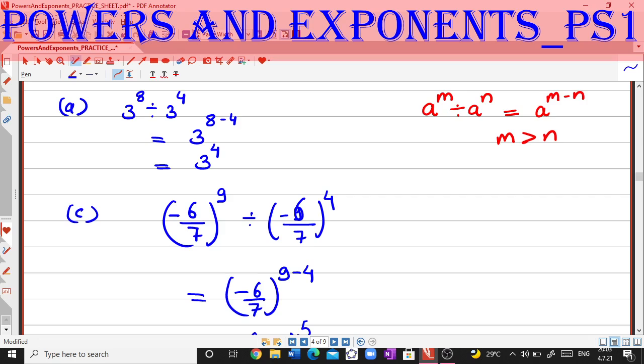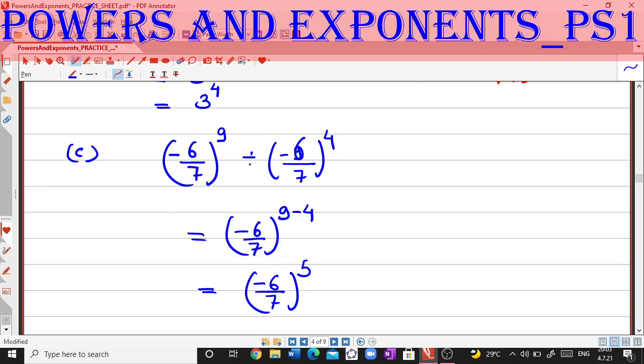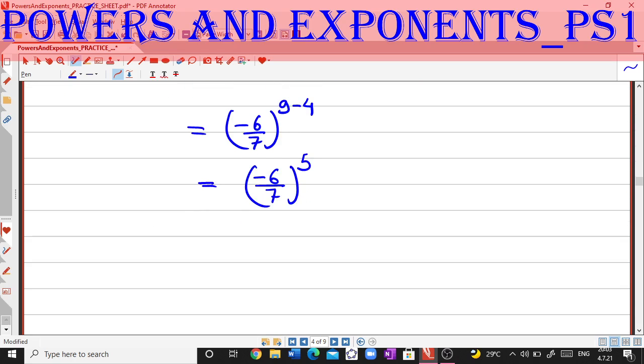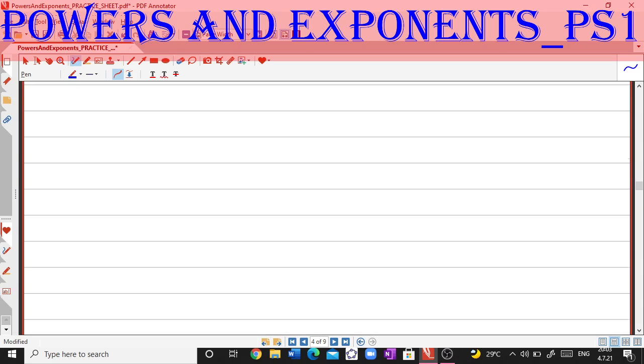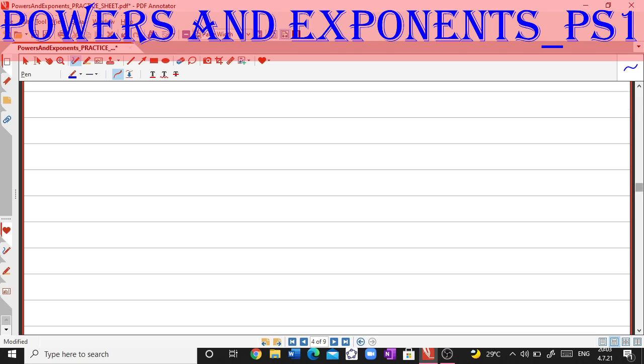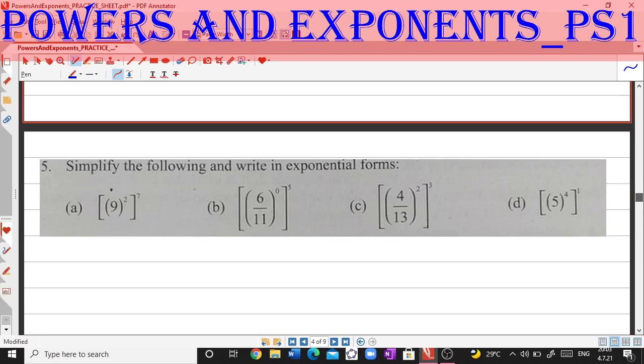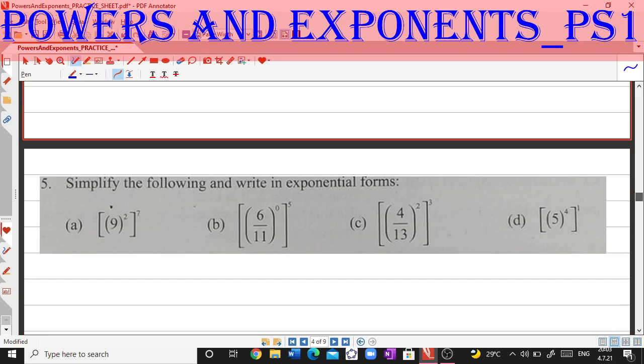A to the power m divided by a to the power n is equal to a to the power m minus n, where m and n are integers. Also a is any rational number, right? So rest two questions you have to try on your own.